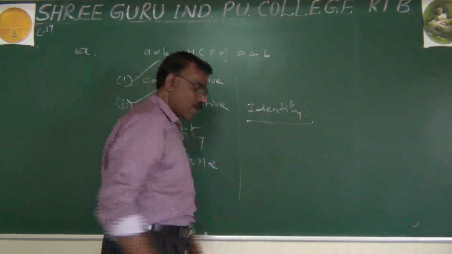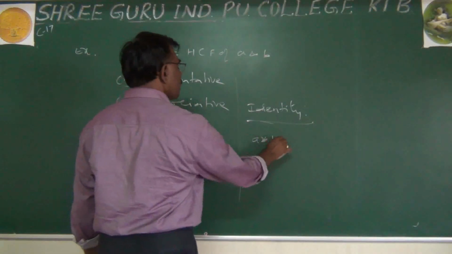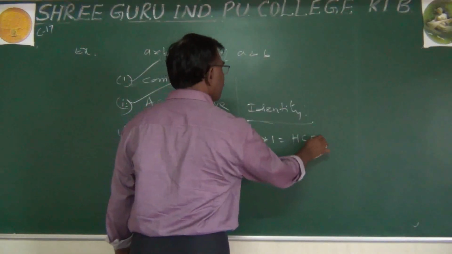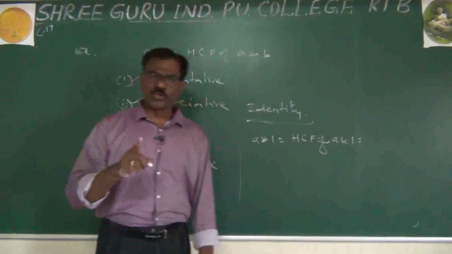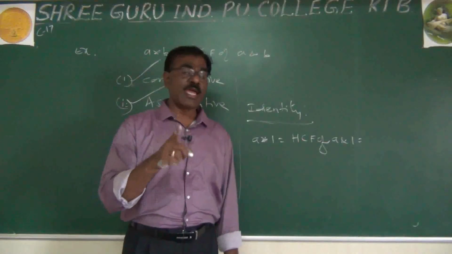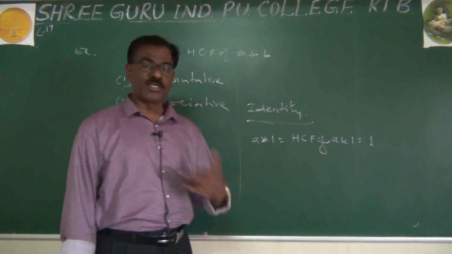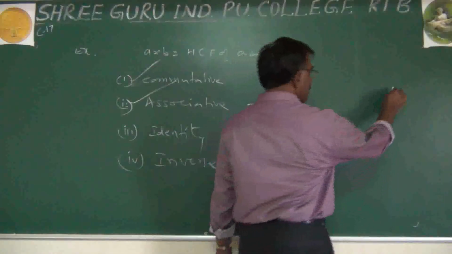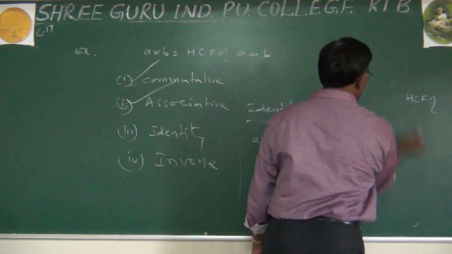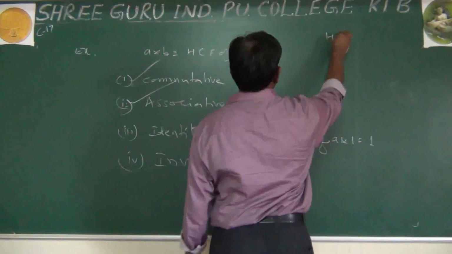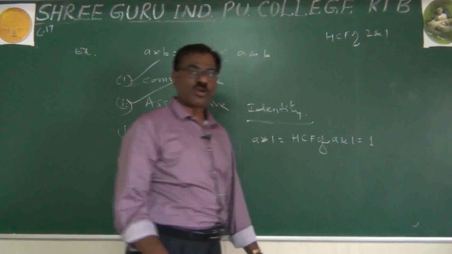Identity element exists or not. Now, what is A star 1 equal to? HCF of A and 1. You remember, the HCF of A and 1 is 1 only, because HCF is the highest common factor. Suppose 2 and 1: the HCF of 2 and 1 is not 2.